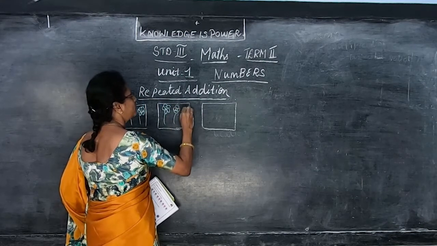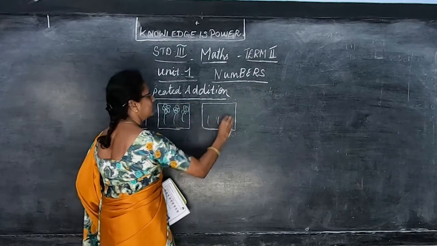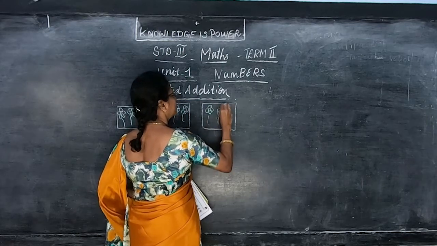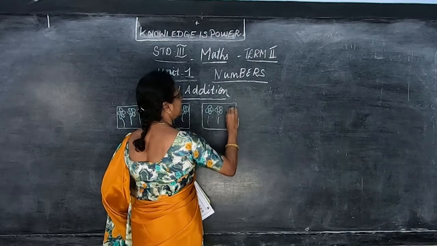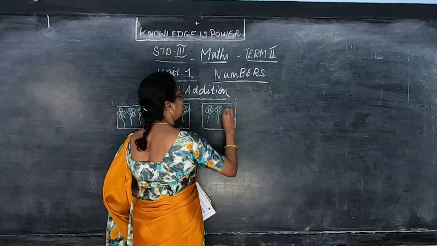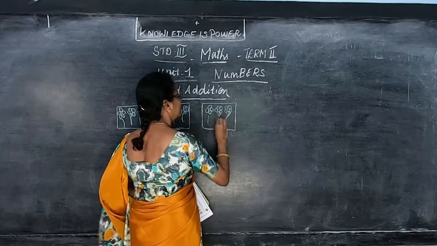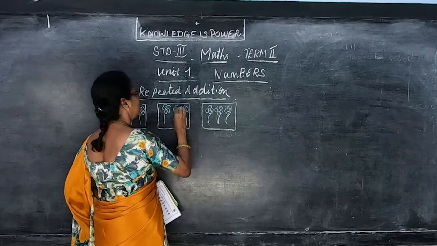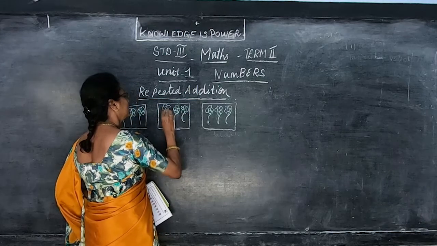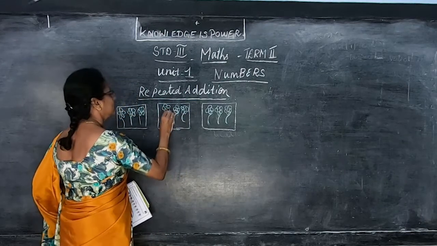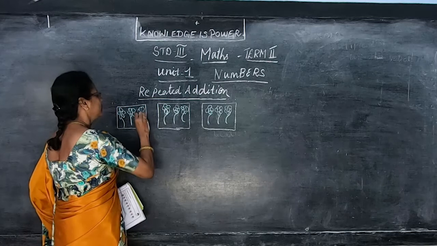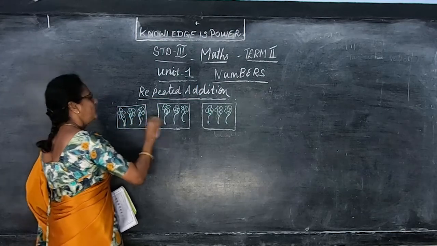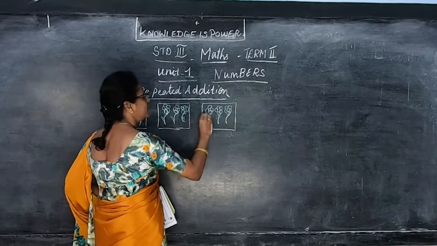You just go through the book. So just like this, you can put anything on your own. So just the 3 flowers.